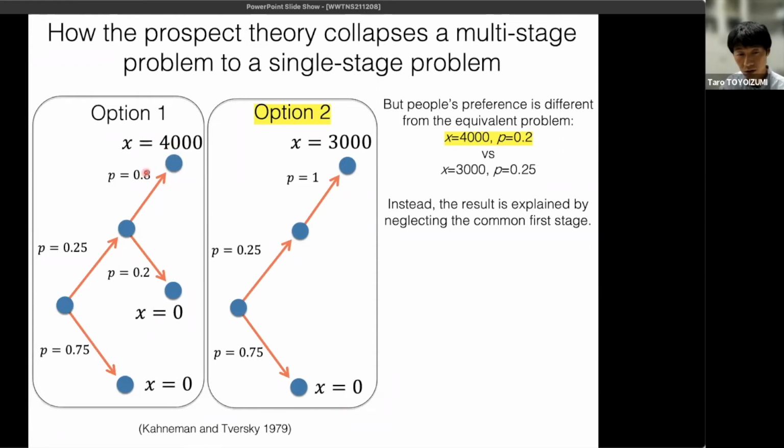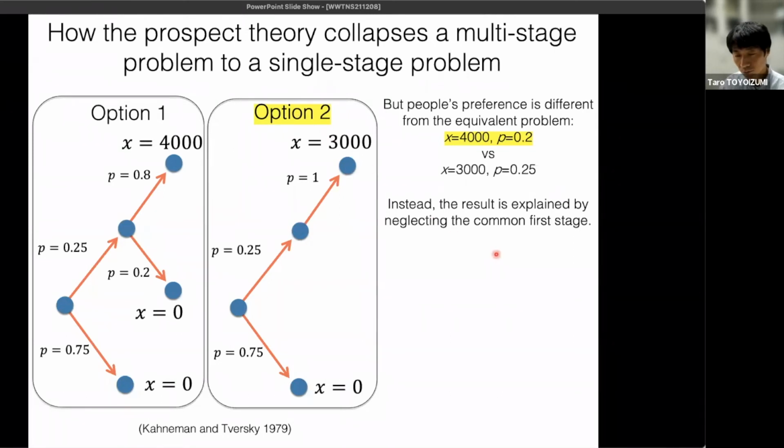And at high probability, people are risk averse. So it can predict that people prefer the sure gain of option 2 if the first stage is neglected.